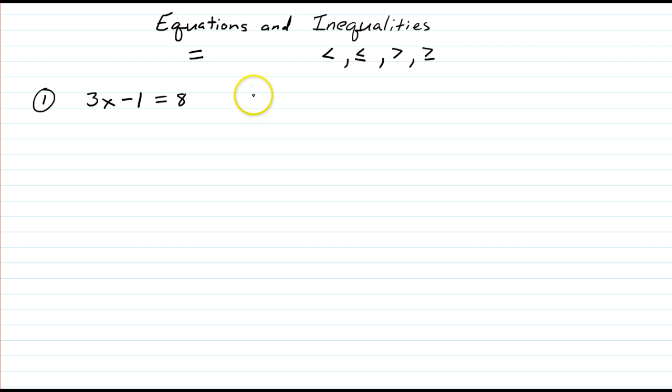And by true, I mean I want the left side to be the same or equal to the right side. So we're going to find what value of x will make this left side equal to 8.